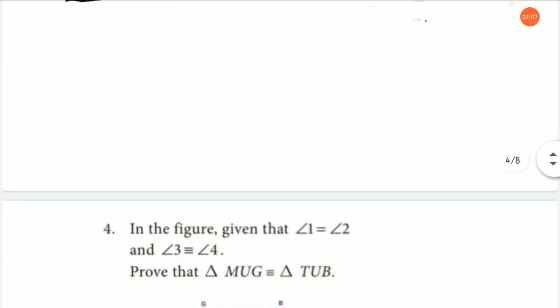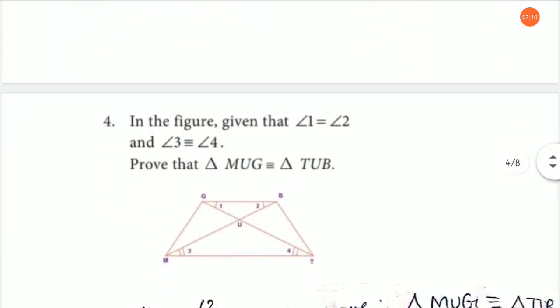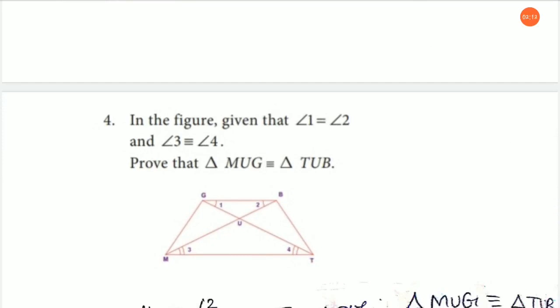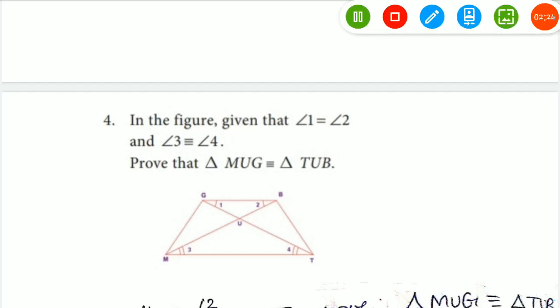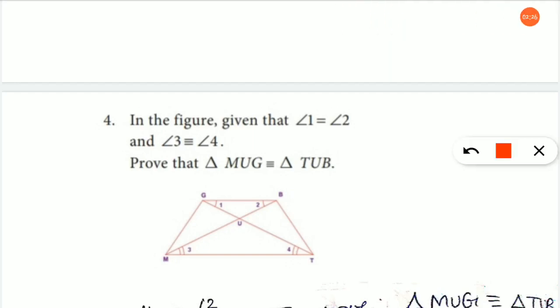Now look at the fourth sum. In the figure, given that angle 1 is equal to angle 2 and angle 3 is congruent to angle 4. You are going to prove that triangle MUG is congruent to triangle TUB. Okay. So first you spot which is triangle MUG.